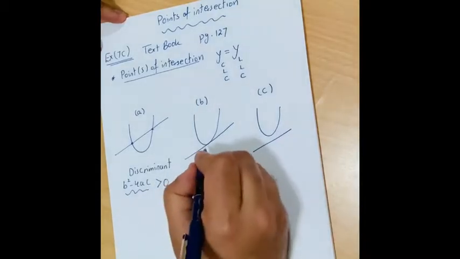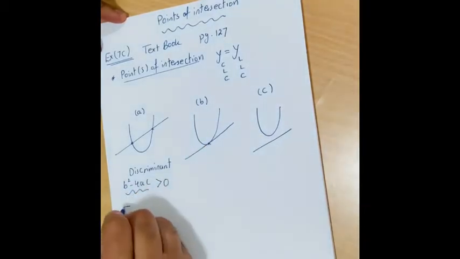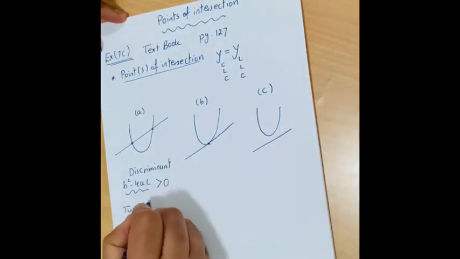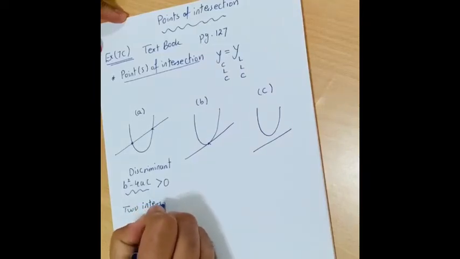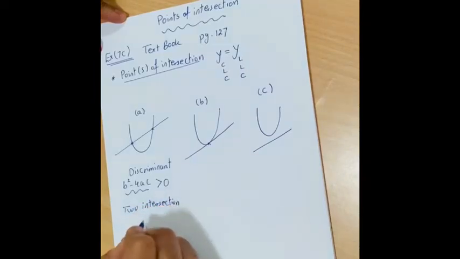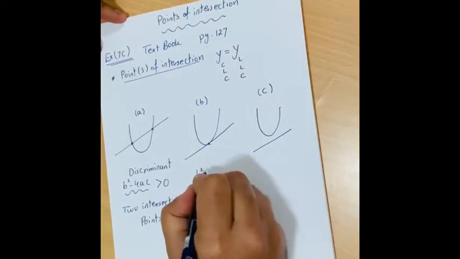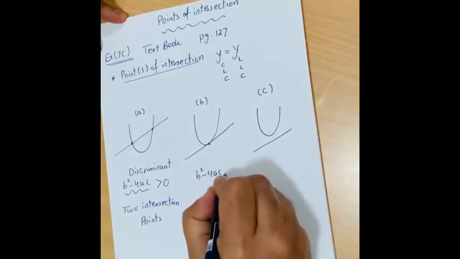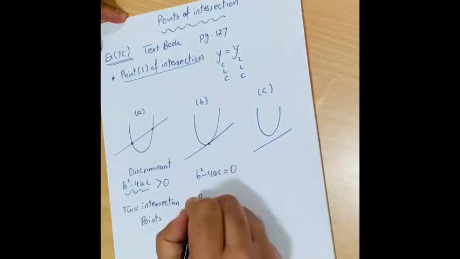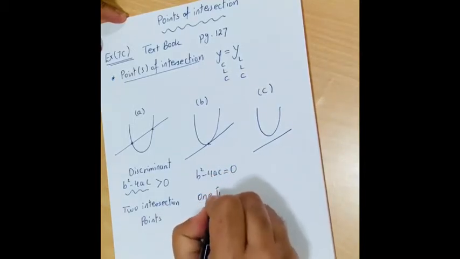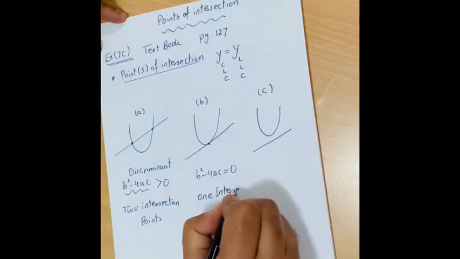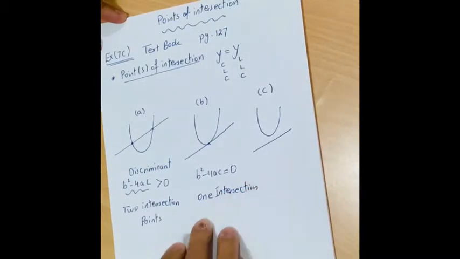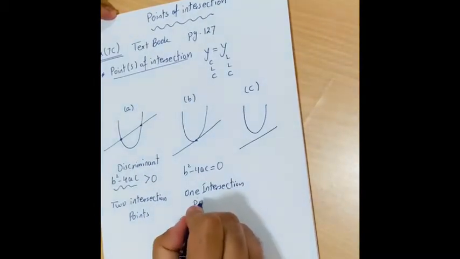In the second case, we have only one intersection point, so here we have two intersection points. In this case, the discriminant is equal to 0, b squared minus 4ac equals 0, so we have only one intersection point.